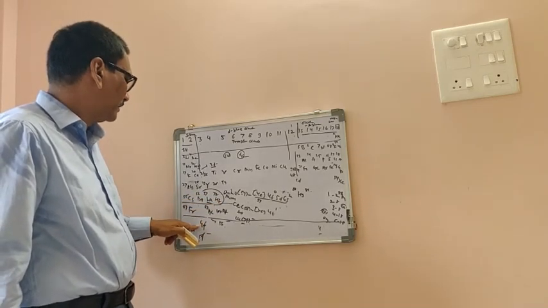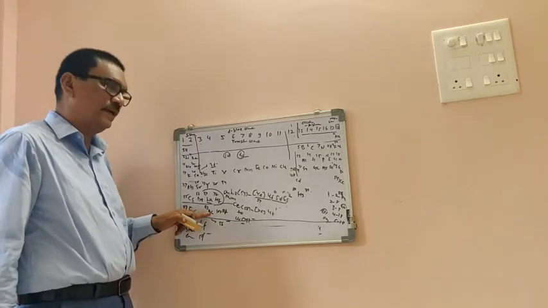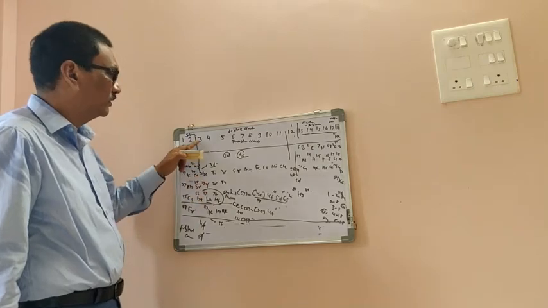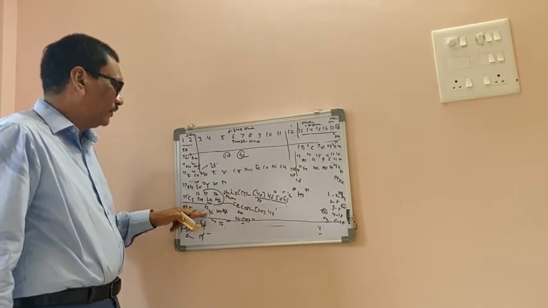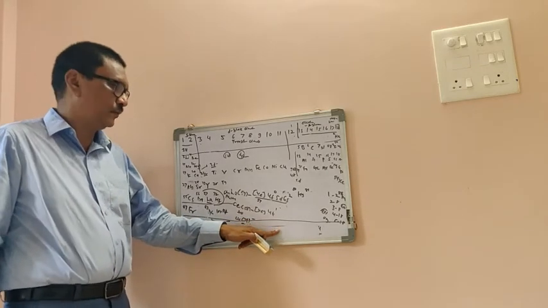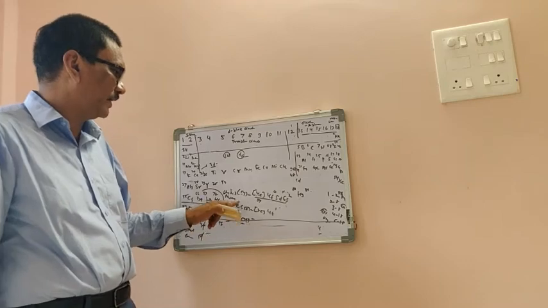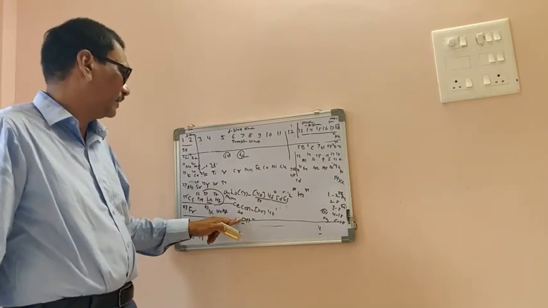In the same manner, the second inner transition series starts from actinium 89, which belongs to group third again. And then we get thorium to lawrencium, the elements which are below the main body of the periodic table, having similar properties.